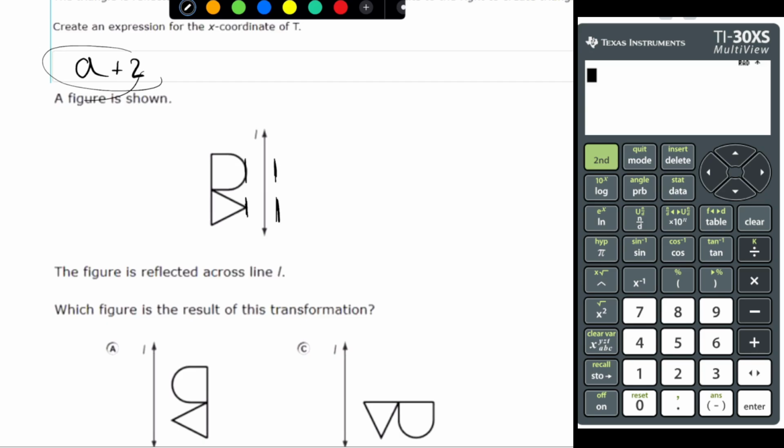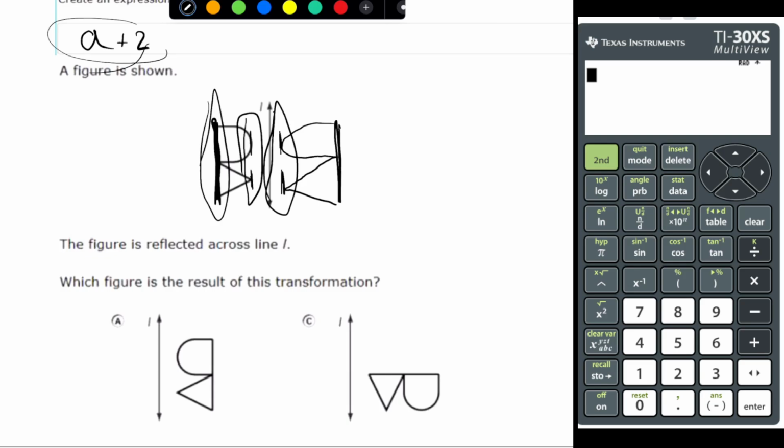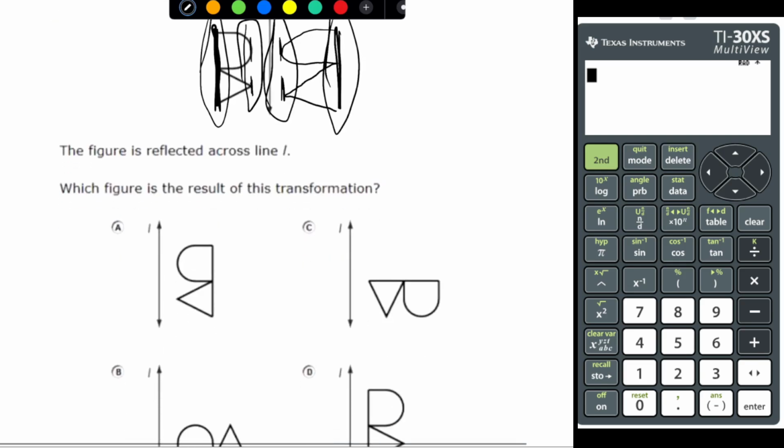So the points that are farthest away will be the points farthest away. So your line will just look something, albeit I'm a terrible artist, like this. Our points that are the closest are also the closest. Our points that are the farthest are also the farthest. So which one looks like that? A.